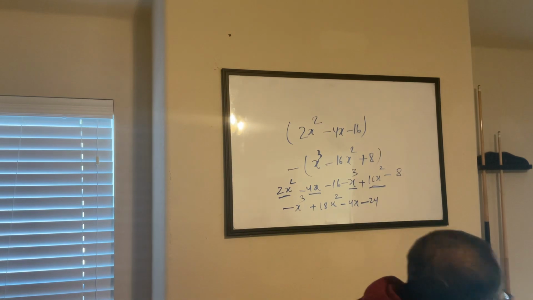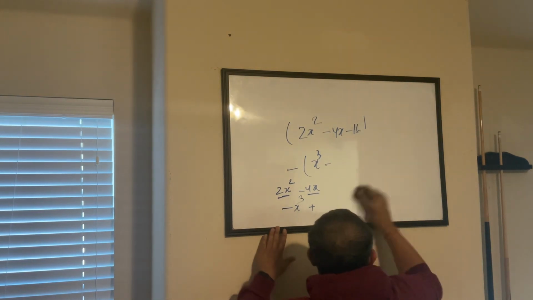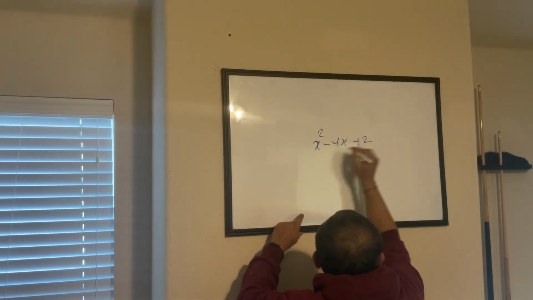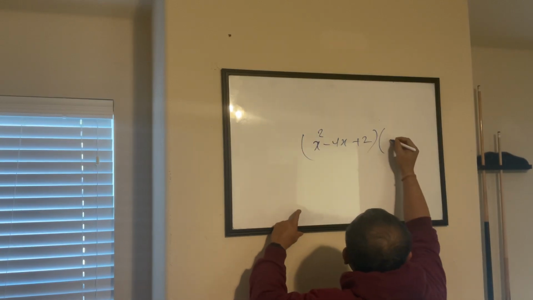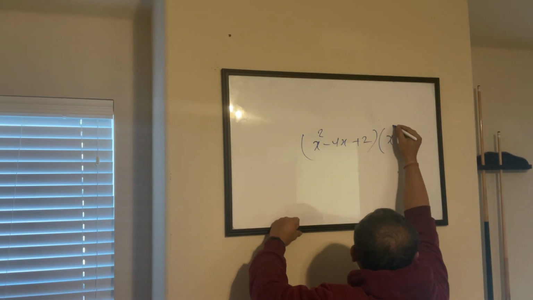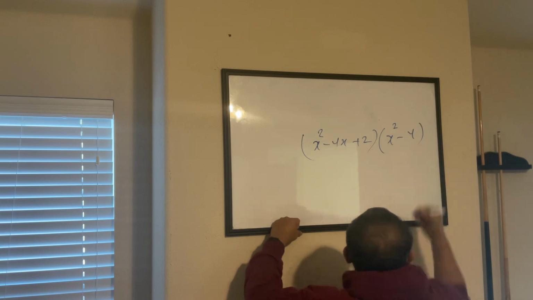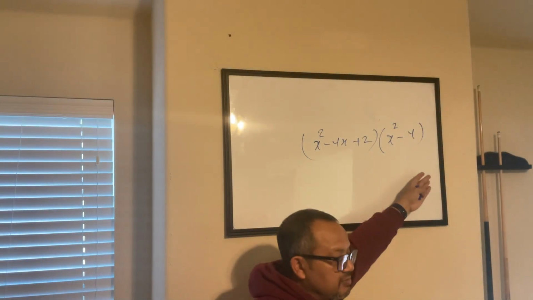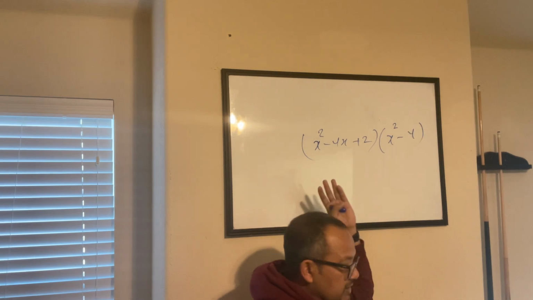We have 10 more minutes, and the extension of the same thing would be, let's say, multiplying polynomials. If I have x squared minus 4x plus 2, this is to be multiplied by x squared minus 4. You know how to break the bracket open, and that is what you will do.